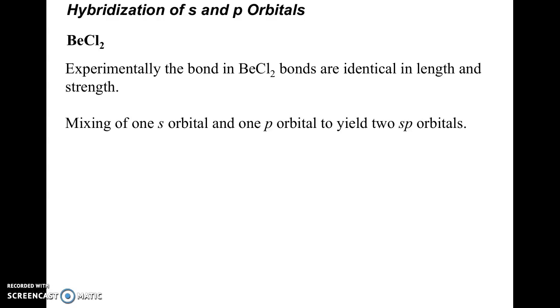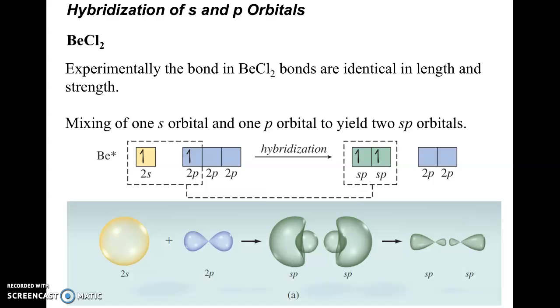We call them sp, because it is the 2s and one of the 2p's that are mixed. If we just use our electron diagram, we take that 2s and the 2p, combine them mathematically, and get two equivalent orbitals that we call sp orbitals.